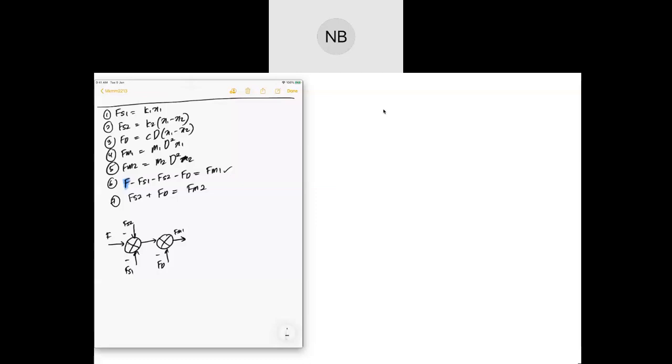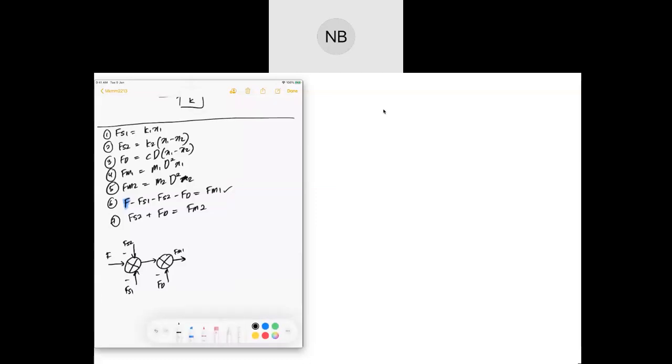Okay, so in case of FM1, let's have a look at FM1. I have two variables, which are FM1 and X1. That's my variable. Okay, and the rest are the parameters. So the rest of the parameters will go inside the block. All right, the variables will become input or output of the system.